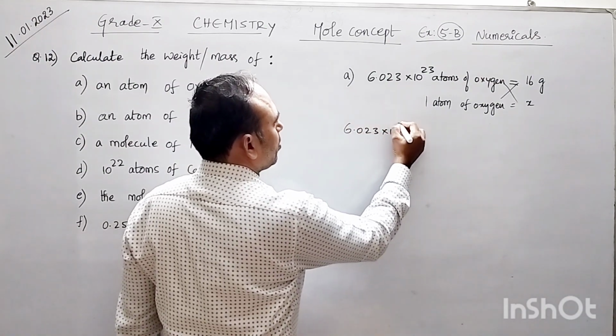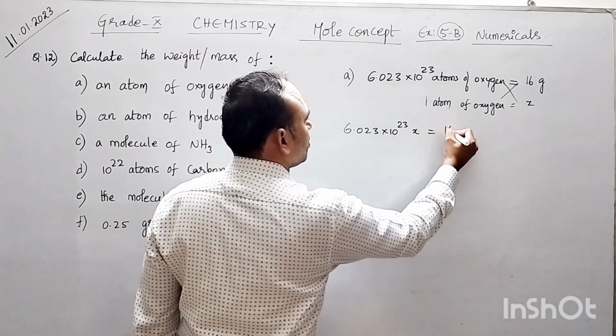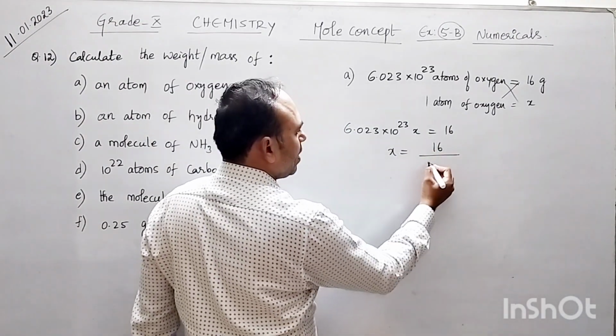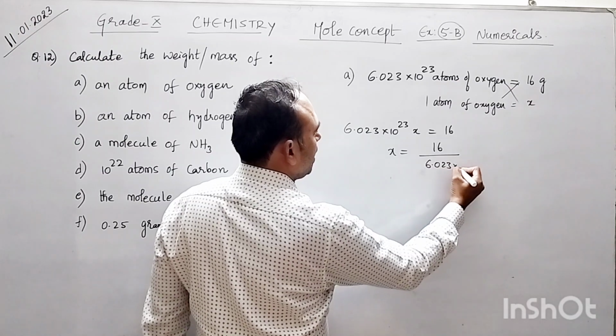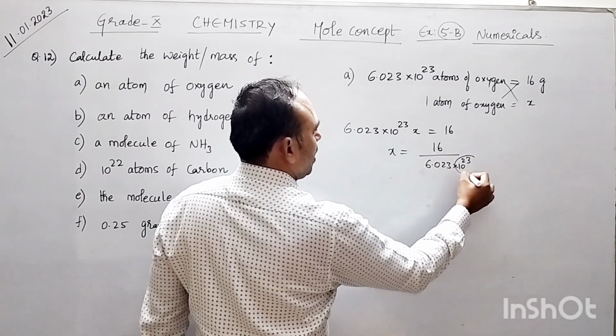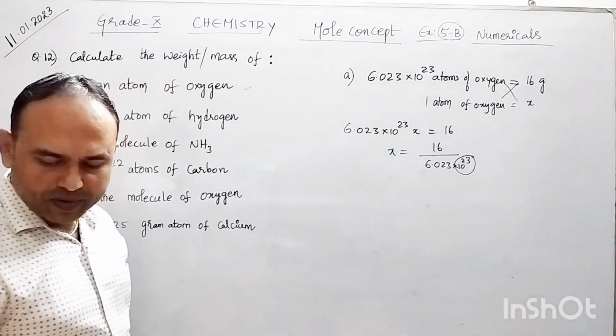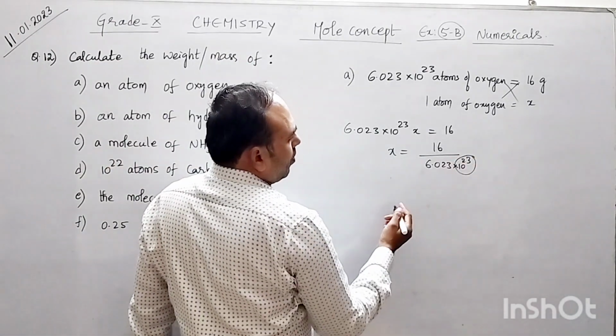6.023 into 10 to the power of 23 x is equal to 16. Therefore x is equal to 16 by 6.023 into 10 to the power of 23. In the denominator, 10 to the power of 23 comes to the numerator as 10 to the power of minus 23.